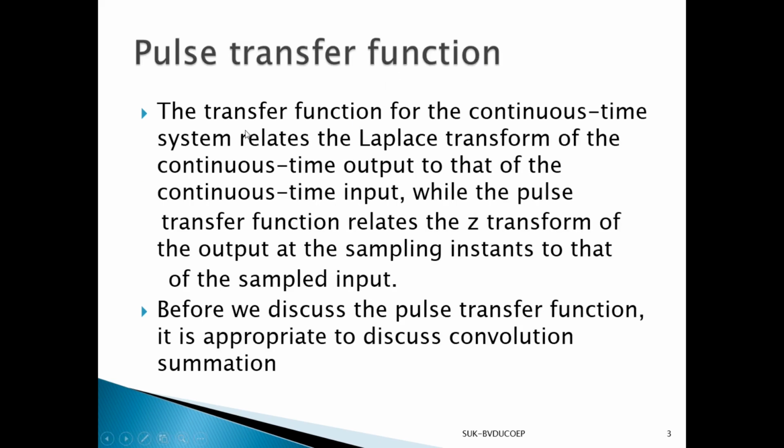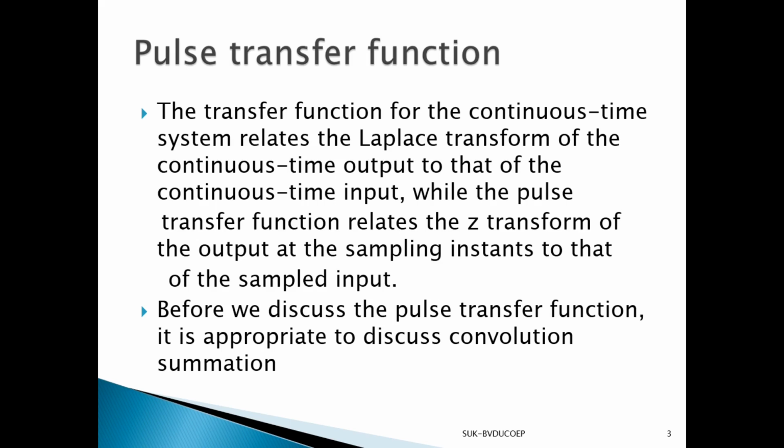The transfer function for a continuous time system relates the Laplace transform of the continuous time output to that of the continuous time input, while the pulse transfer function relates the Z transform of the output at the sampling instant to the Z transform of the sampled input. This is the basic definition: Z transform of output to the Z transform of input is the pulse transfer function.